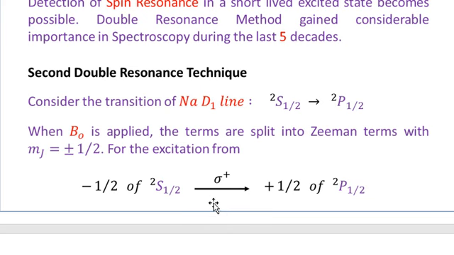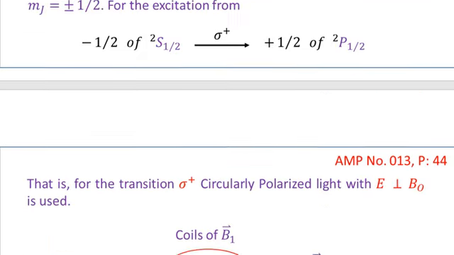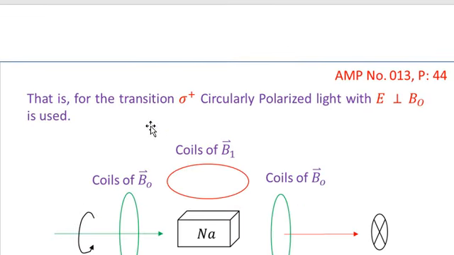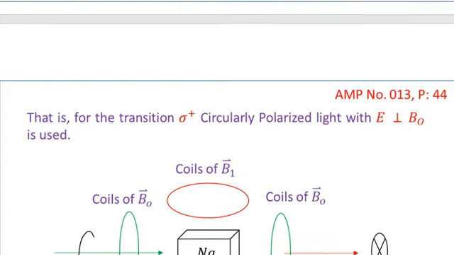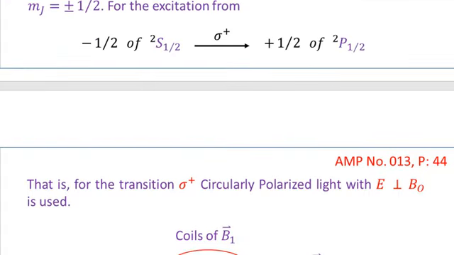So this is the excitation that we shall use with the sigma plus light. That is the transition using sigma plus circularly polarized light with the electric field perpendicular to B0, used in the excitation of the upper level of the Zeeman splitting.